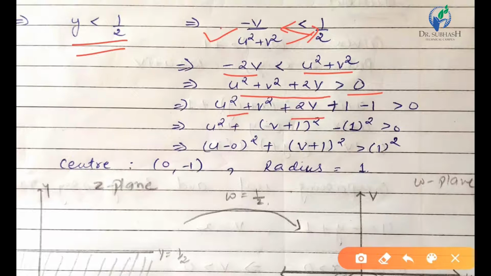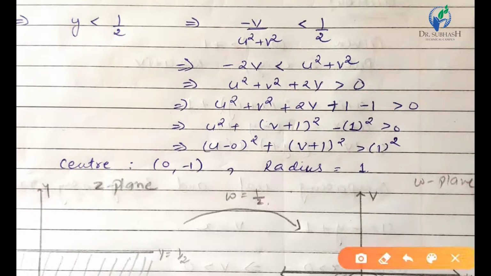Here we will add plus 1 and minus 1. So this u square will be as it is, and this portion will become our perfect square, v square plus 2v plus 1, that is (a plus b) whole square. And this 1 can be written as 1 square.